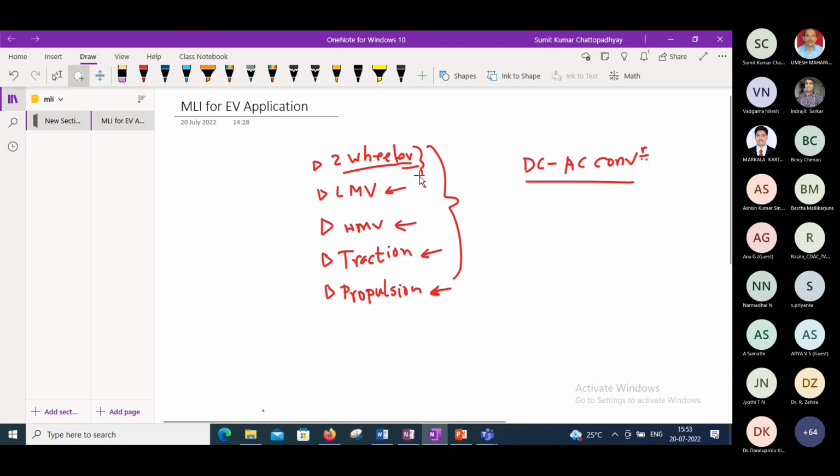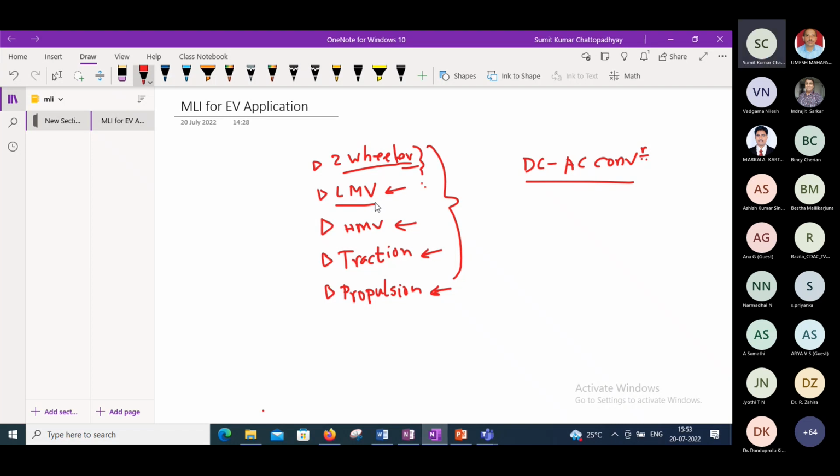And then we can say that even for a light motor vehicle, a single multi-level inverter may not be a very attractive solution, but multiple light motor vehicles can have battery swapping, in a battery swapping station where batteries will be taken out from the vehicle and placed into a charging platform.